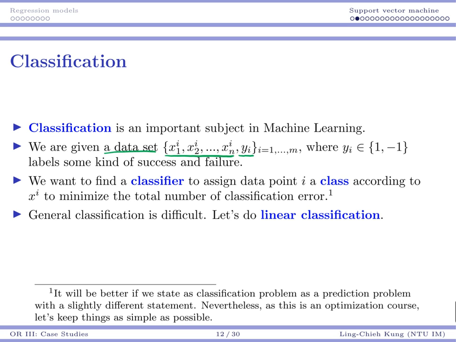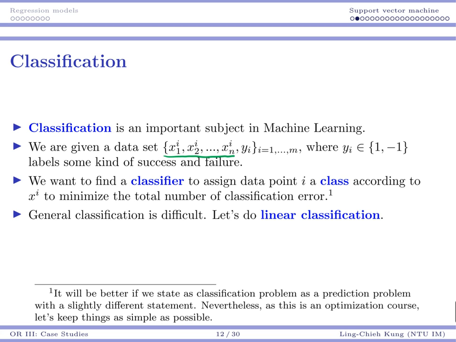Here, n is the number of variables you have, and m is the number of data points you have. You will see why I use n for the number of variables and m for the number of data points, because that's going to give you a formulation that looks similar to your familiar nonlinear programs, linear programs, whatever. Okay, coming back to the formulation.